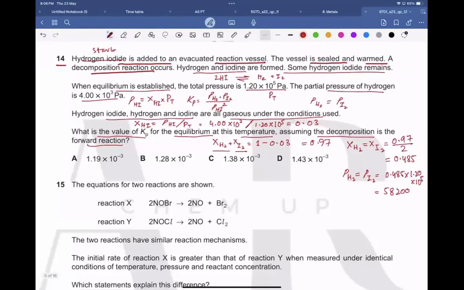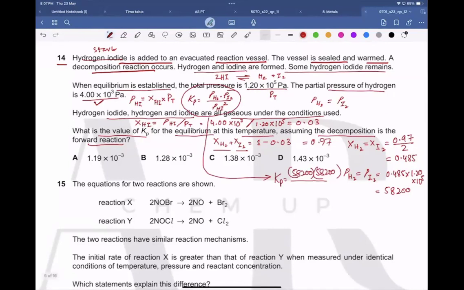Now we have to put all these values in this Kp expression. So if you put these values in the Kp expression, it is going to be 58200 times 58200 divided by 4.00 × 10^3 squared, sorry. Can anyone calculate it and tell me the answer, please?